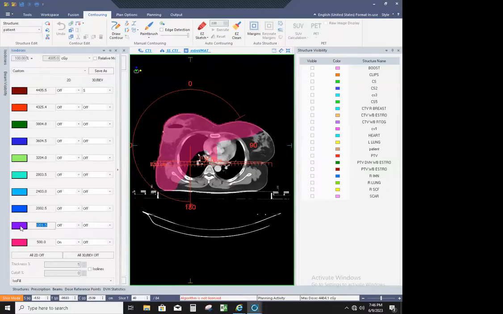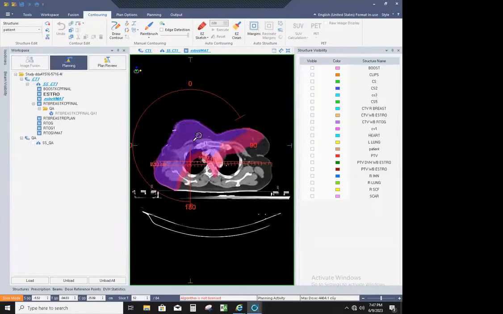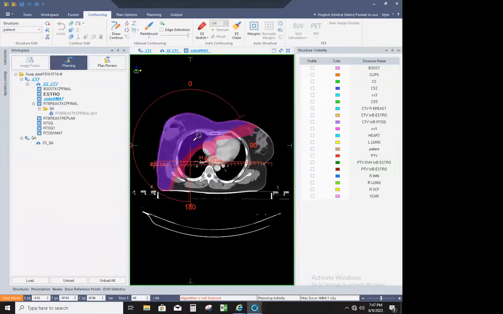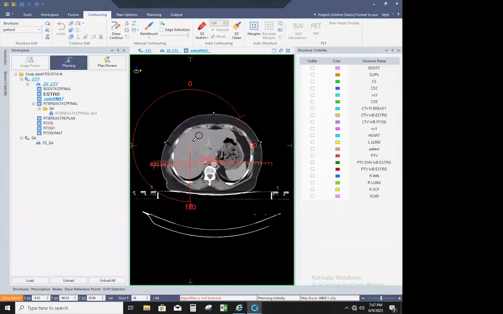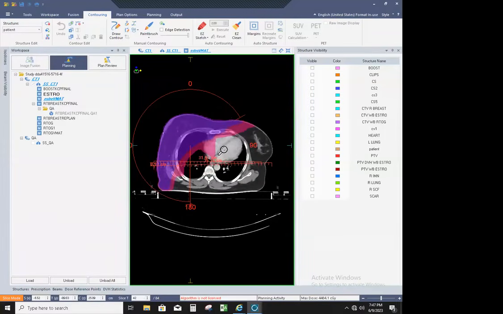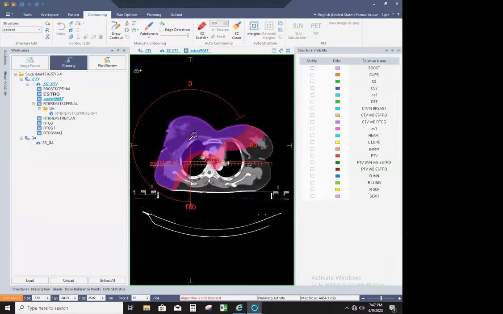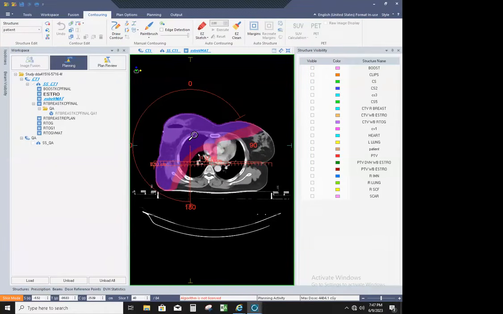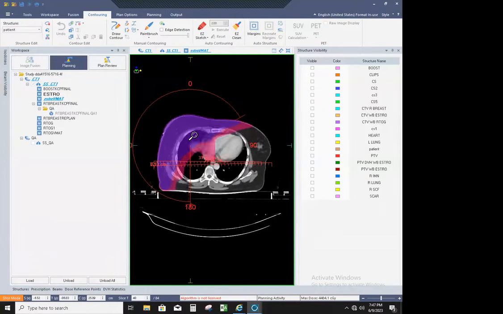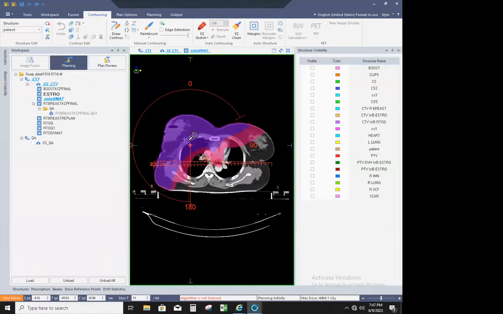So don't spread your 5 Gray, 10 Gray volumes onto the heart or opposite lung. Keep it minimum, and the 5 Gray volume should be below 50%, and the 10 Gray volume around 30%. It is better to prevent pneumonitis and all these things.